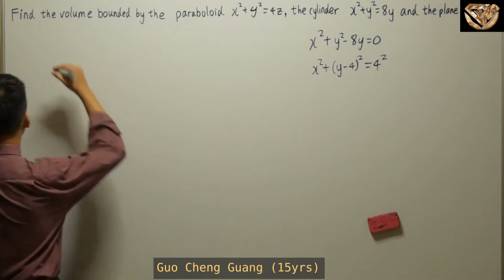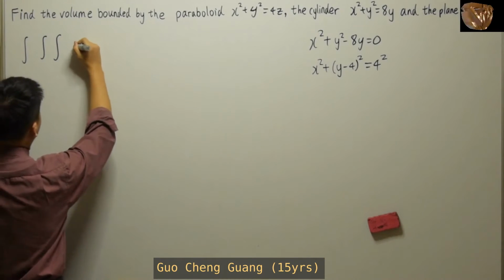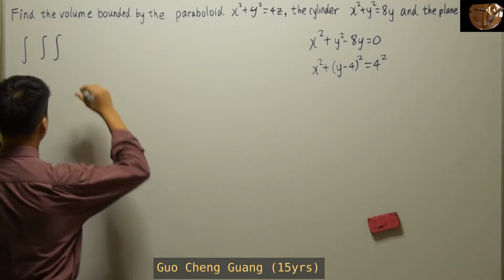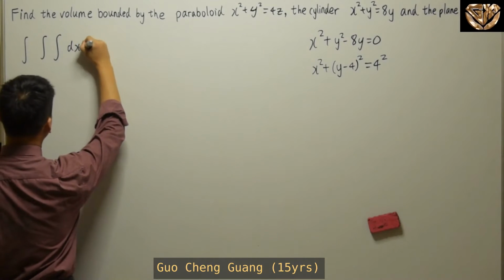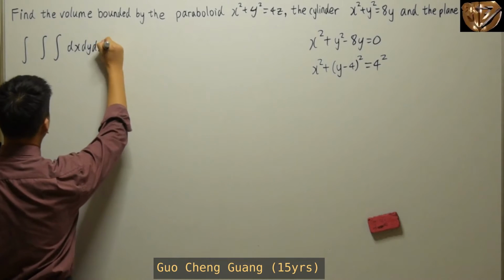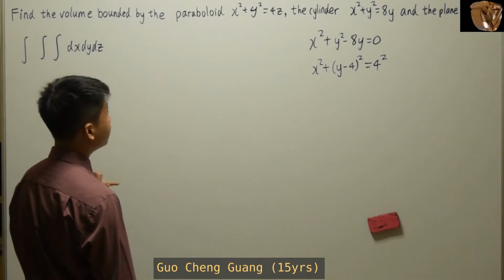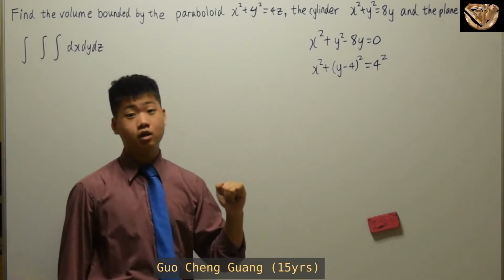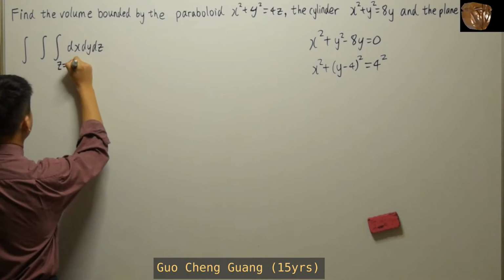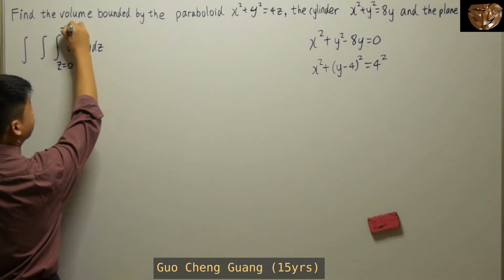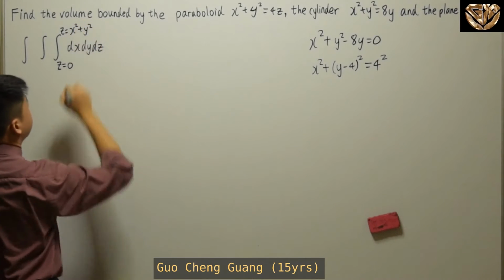Of course, you could think of this as a triple integration, where you're going to have your small piece of volume. Since we could already determine the z, z would just be from 0 to x squared plus y squared.